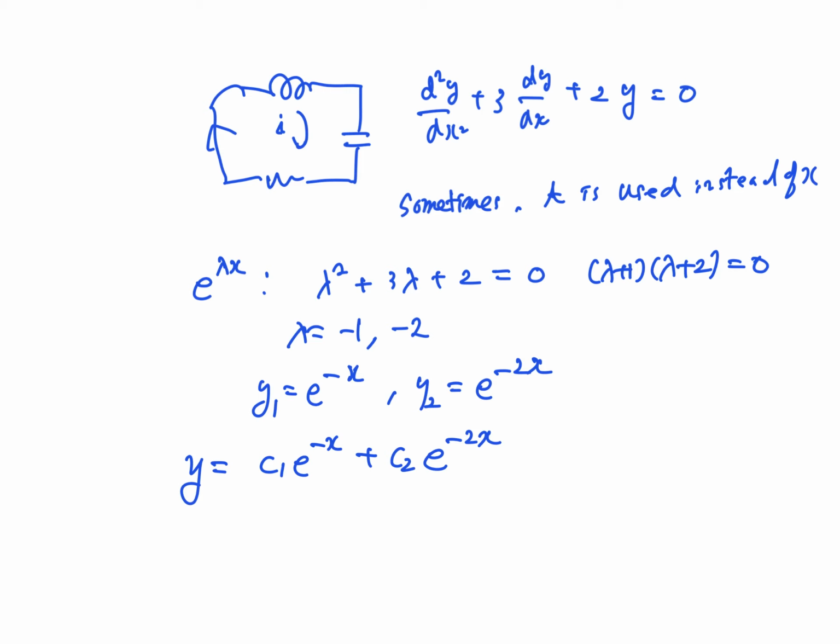And in electric circuits, usually we have two conditions, initial conditions, right? So say y(0) is 0, and dy/dx at 0 is 0, say.